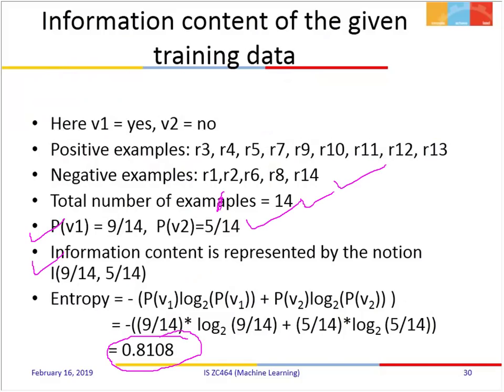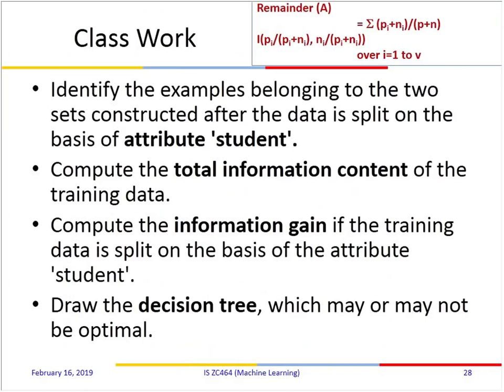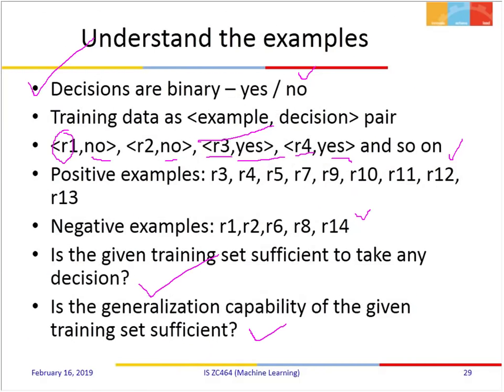This set of observations still lacks much more information, because it is not 1, it is just 0.8. That means the kind of split that we have in this table is not sufficiently giving us the idea, right? But of course it is good enough to be able to predict certain things.